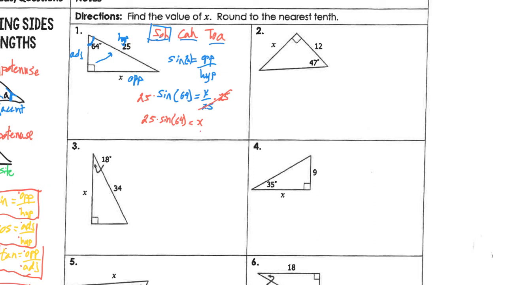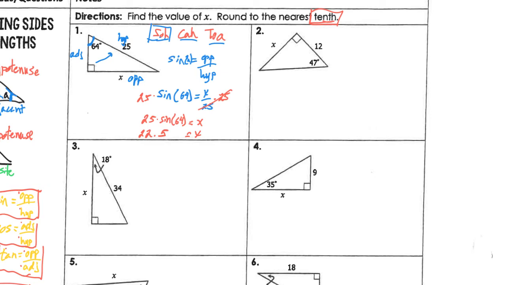For x, you should get 22.4698516, but it says to round to the nearest tenth, so we're just going to leave it at 22.5. So there is the x value that we were looking for.